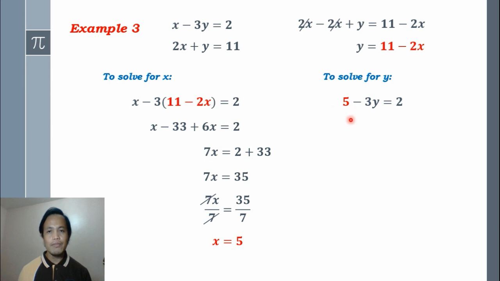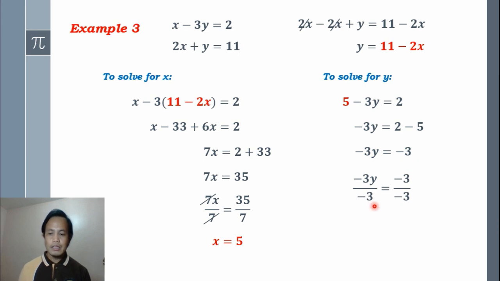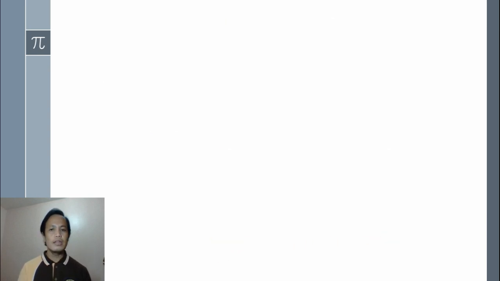We subtract 5 here, and to cancel this out, we also subtract 5 at the right side. Then we divide both sides by negative 3. The 3 is cancelled out. What remains at the left side is y, and negative 3 divided by negative 3 is positive 1. So our values are x equals positive 5 and y equals positive 1.